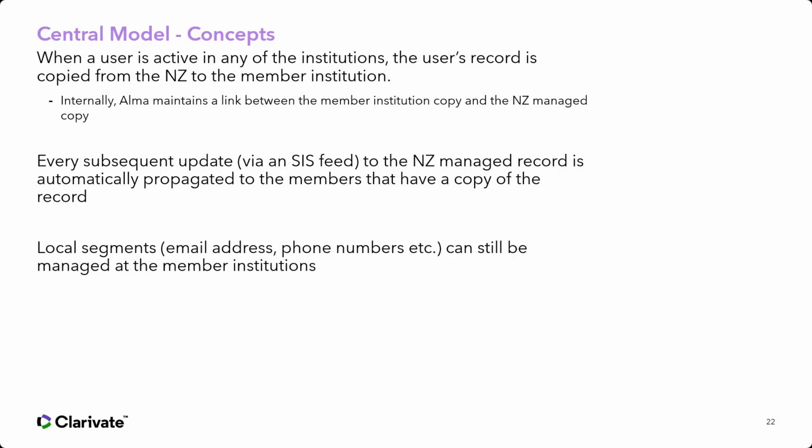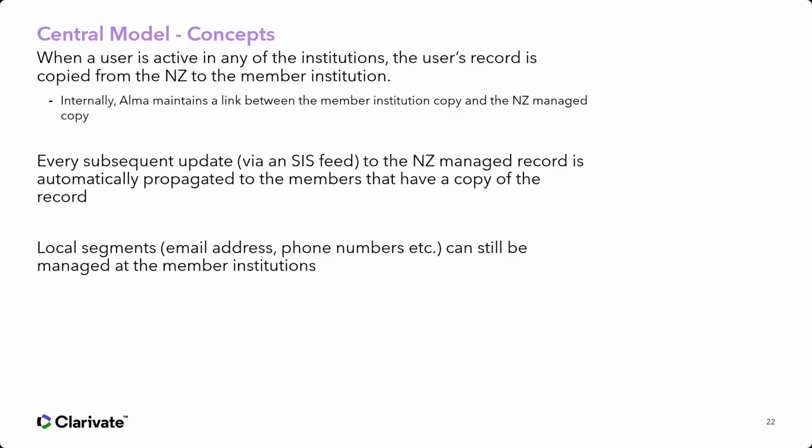And you can think of this from the specific institution's perspective. It is much like external accounts coming in from an SIS, right? If you think about an account created at the institution from a feed from the SIS, you have your account, which is an external account, at your institution. The source of this account is the SIS feed. You can create additional local segments on this external account in the institution. Feeds coming from the SIS update the external segments, but don't touch the local segments, the internal segments.